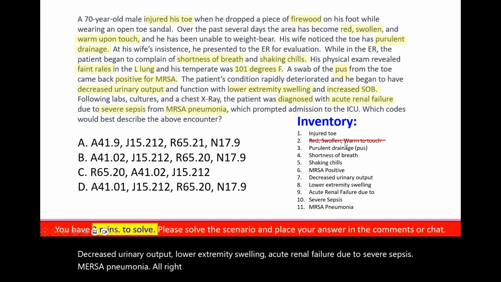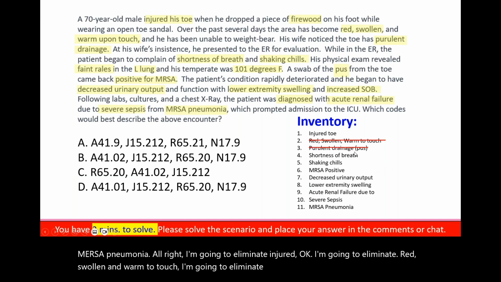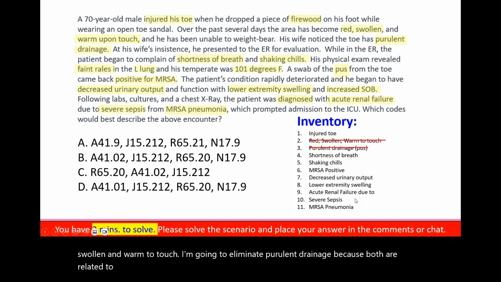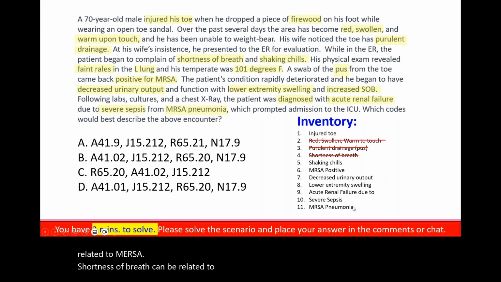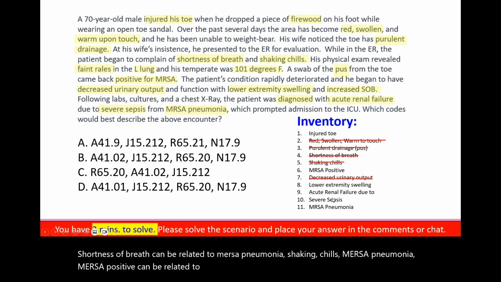All right, I'm going to eliminate injured. Okay, I'm going to eliminate red, swollen, and warm to touch. I'm going to eliminate purulent drainage because both are related to MRSA. Shortness of breath can be related to MRSA pneumonia. Shaking chills, MRSA pneumonia. MRSA positive can be related to MRSA pneumonia, right?